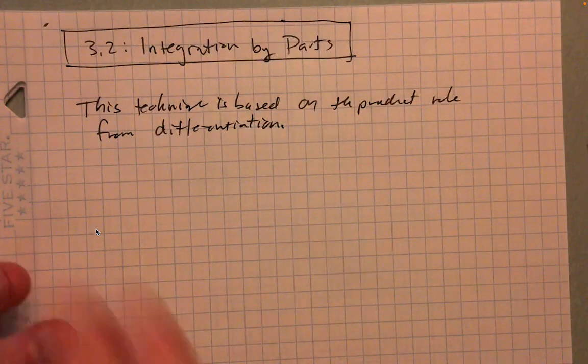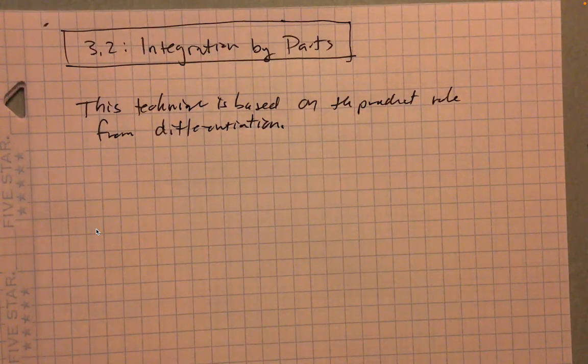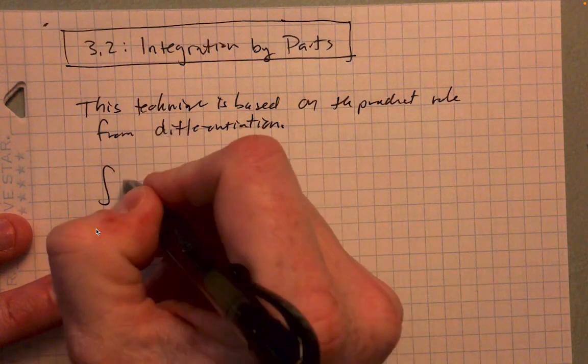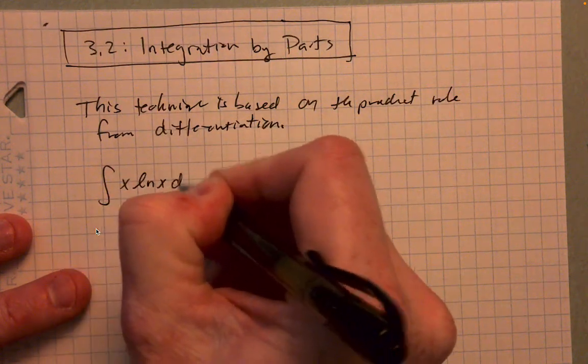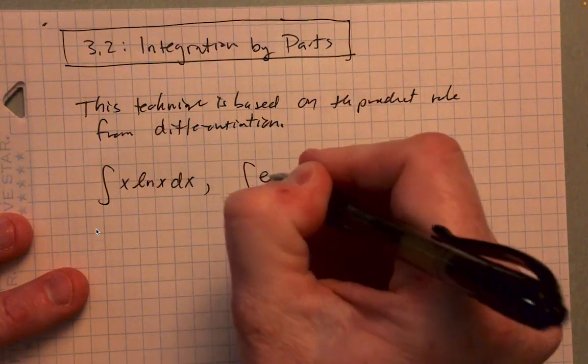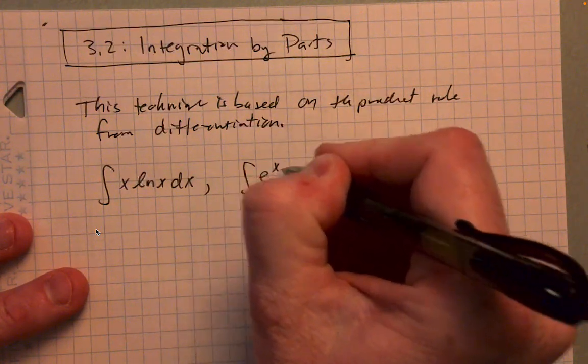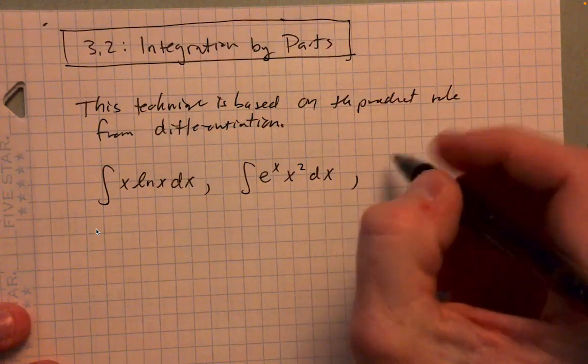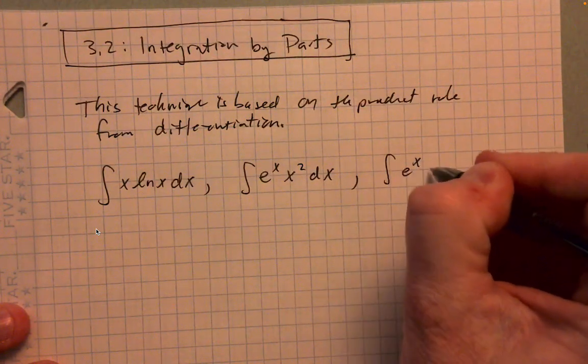It's going to be very useful when integrating functions that consist of a product of functions. So things like the integral of x times the natural log of x, or maybe the integral of e to the x times x squared, or trig functions and the exponential function.